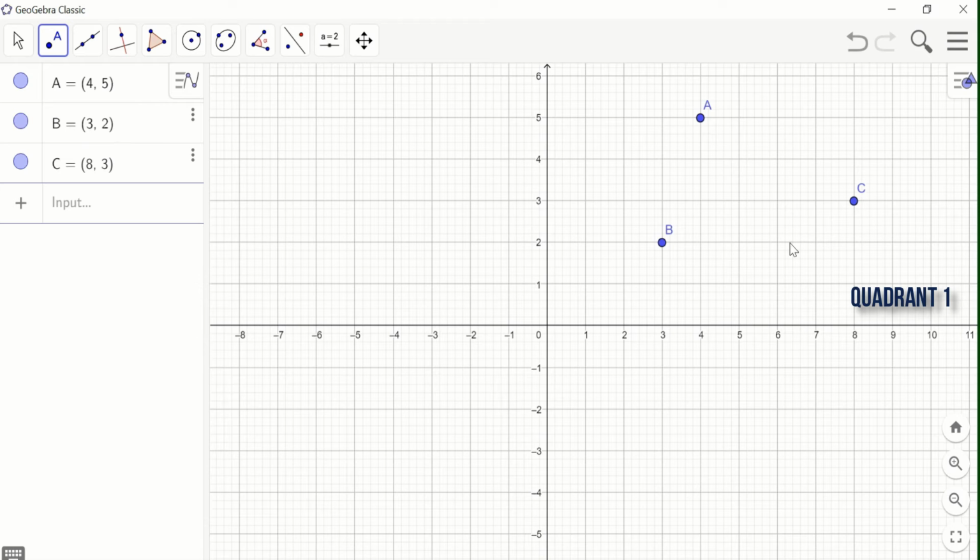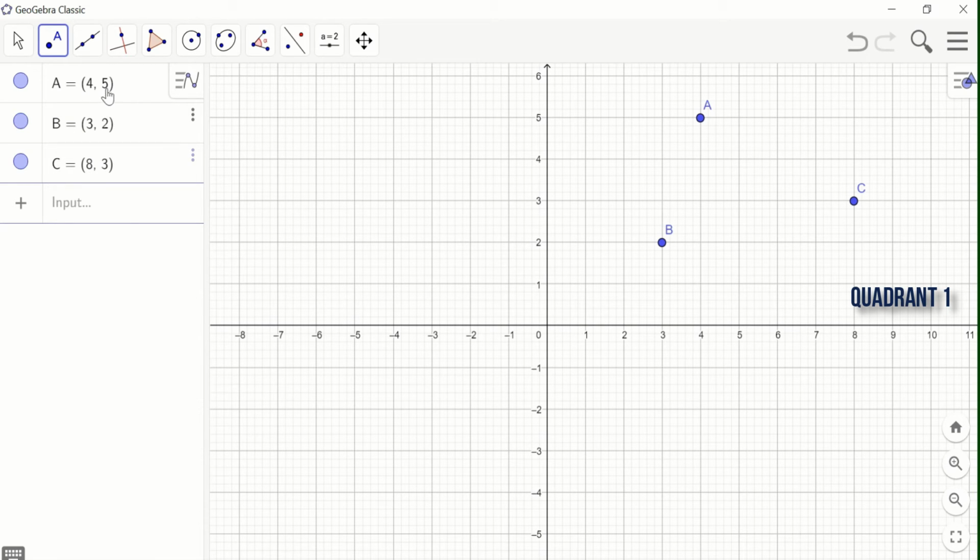Now for C, from the center, you move 8 steps to the right, and then from x you go to y, going up 3. And that's why you have 8 and 3. Again, the first number represents the x value, so you always take that from your x-axis.